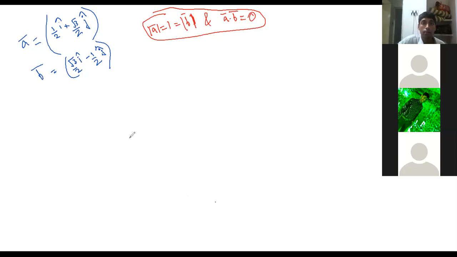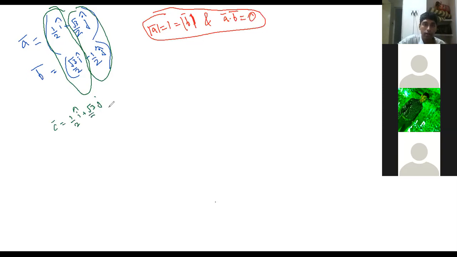Now is the very surprising thing. What is the surprising thing? Now you form a vector in the other direction. Let this be a vector and let this be the other vector. So let us define a vector C, which is 1 by 2 i plus root 3 by 2 j.